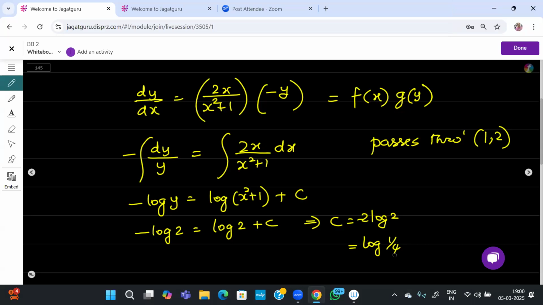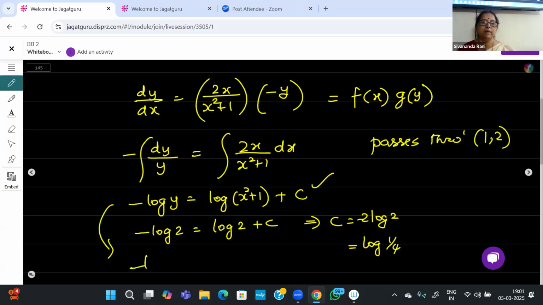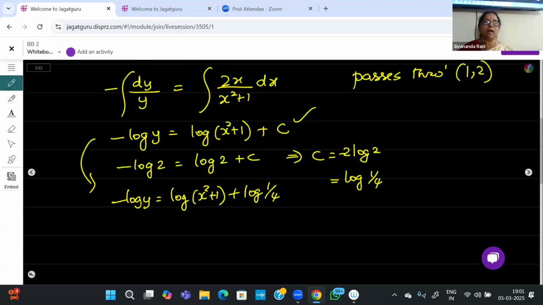Ma'am, I express C as log C, so it will be easier for us to combine, no? So let us substitute for C here. Minus log y is equal to log of x square plus 1 plus log 1 by 4, so that it is possible for us to combine. They would expect you to arrive at the equation of the curve this way.